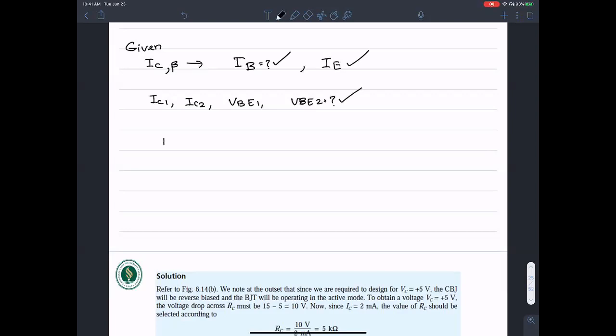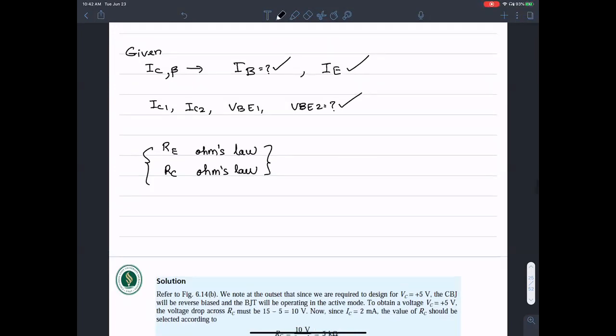Once I have that, I should be able to calculate RE using Ohm's law. RC was also found using Ohm's law. That's all there is to this problem: application of Ohm's law, then application of this beta term, and then the exponential relationship.